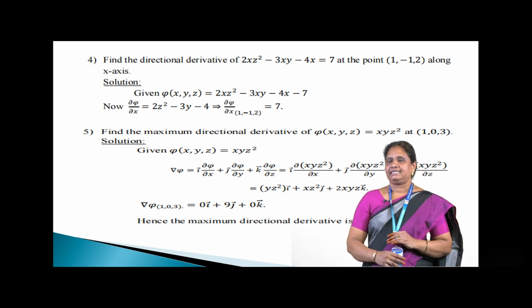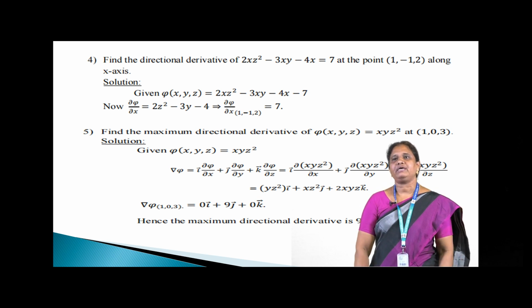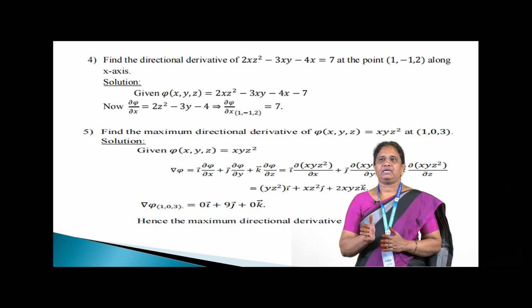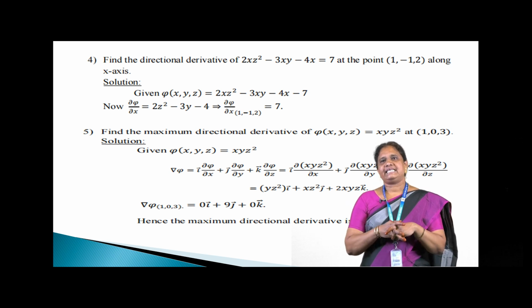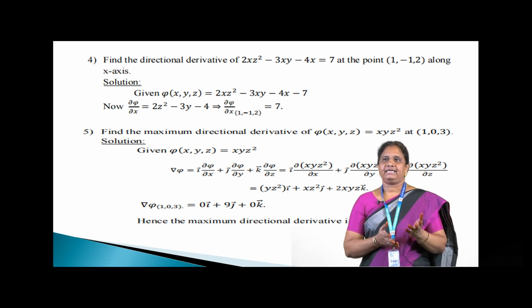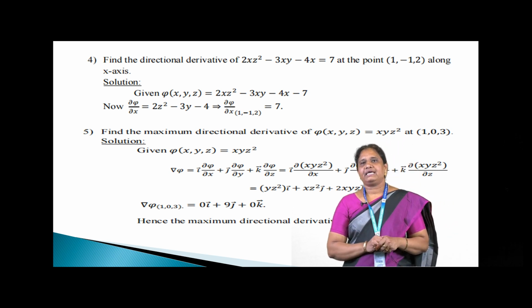Therefore, let us write the given data phi as 2xz square minus 3xy minus 4x minus 7, and the point given is 1, minus 1 and 2. But along the x axis means the movements on the other axes are 0. Therefore, we can find only the differentiation of phi with respect to x alone.